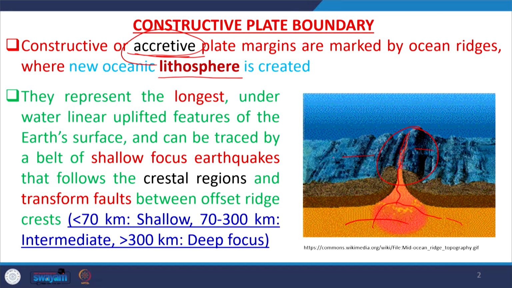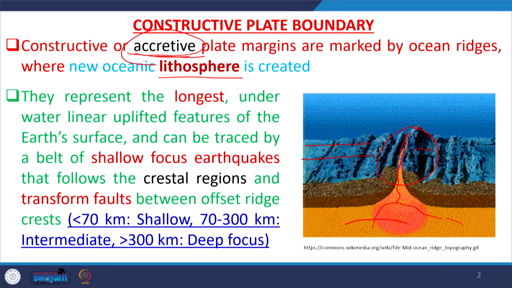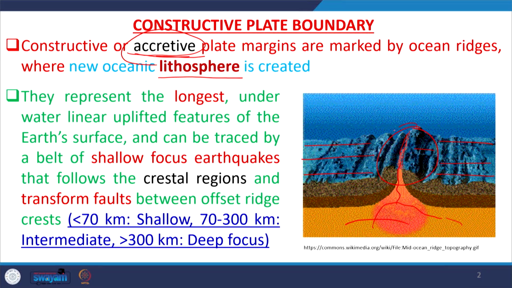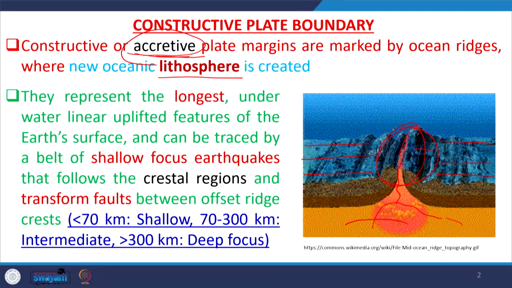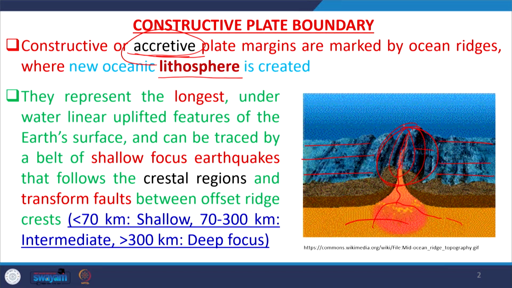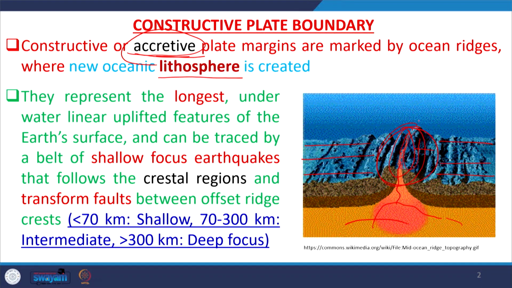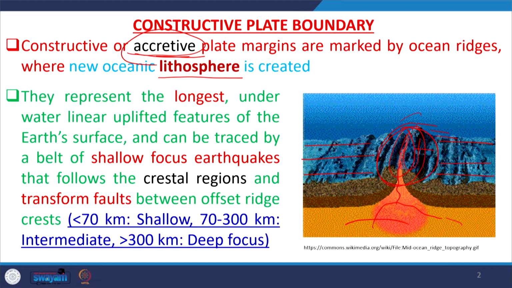This is the oceanic lithospheric surface, and you see the basaltic magma erupting here. The erupted magma solidifies and is added to the end of the already formed lithosphere. That is why it is the accretive, constructive plate margin.